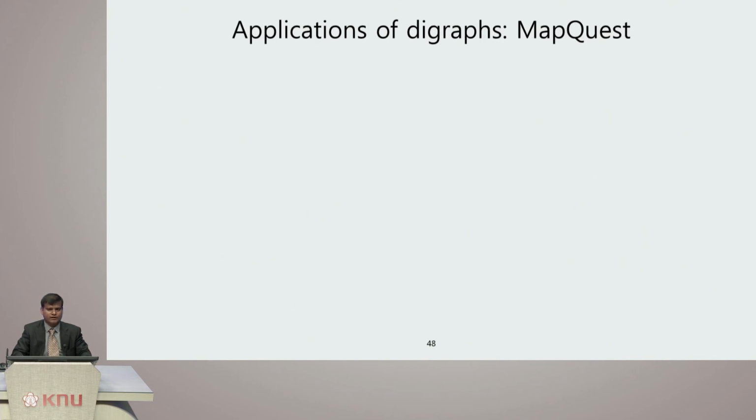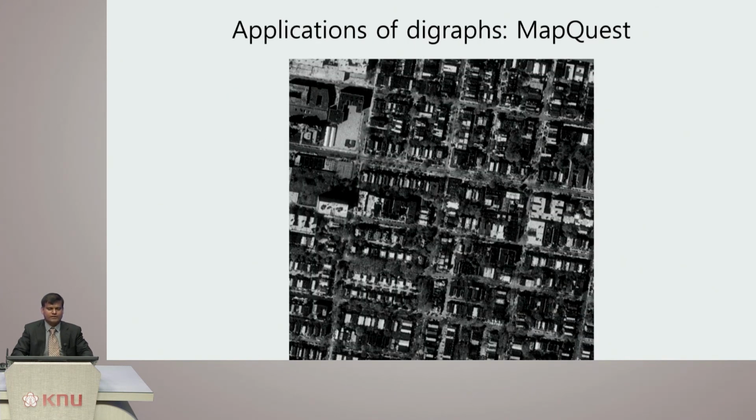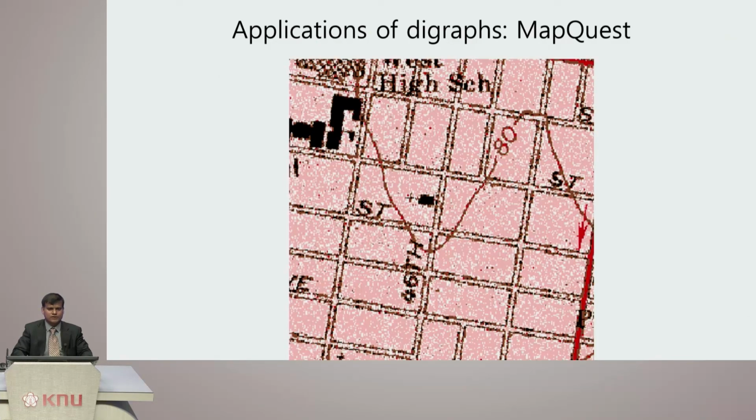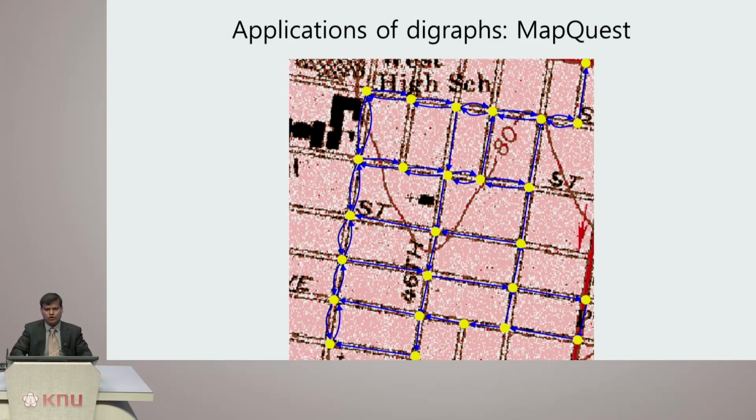As an application of digraphs, we can see this kind of map as an example. This is a city map from the aerial view, and you have roads there and junctions. You can remove the unwanted things. Now you just have the whole map with the roads and all the junctions marked with a yellow dot.